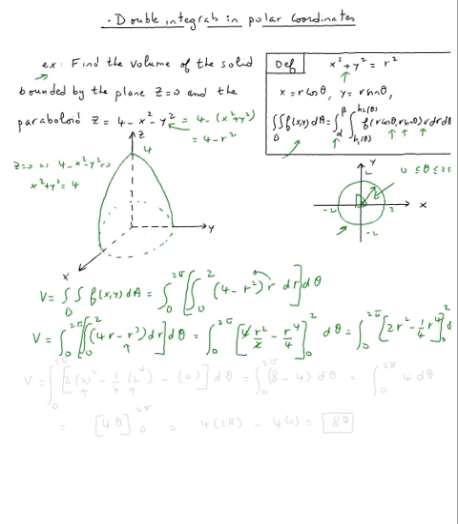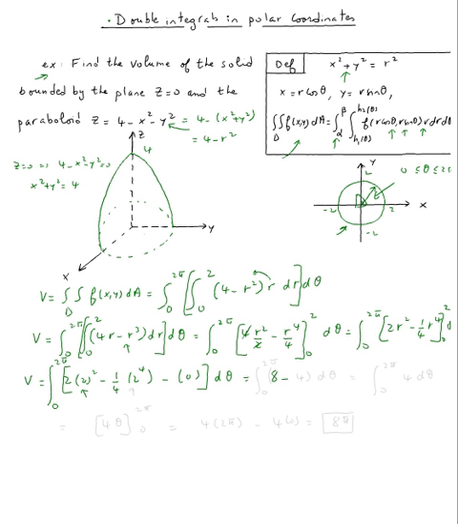Now plug in the 2, you get 2 times 2 squared minus 1 over 4 times 2 to the 4th. Plug in a 0, you'll get a 0. And all that will be the integral from 0 to 2 pi d theta. Now this is going to be 4 times 2, 8.